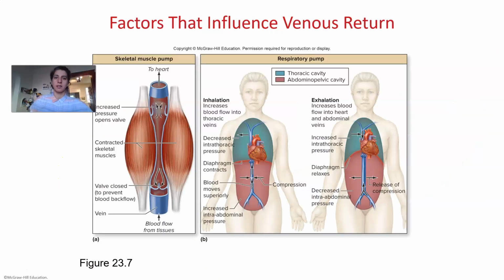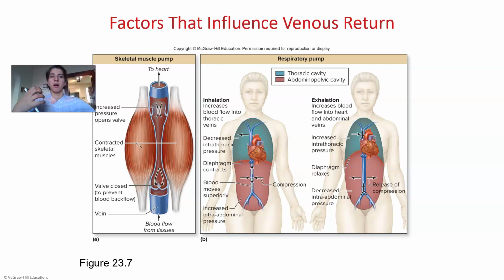Okay, and last but not least, last part of this lesson is the structure of veins. So venules receive blood on the other end of a capillary bed, and then as they get larger, I think when you get larger than 100 microns is when we call it a vein.